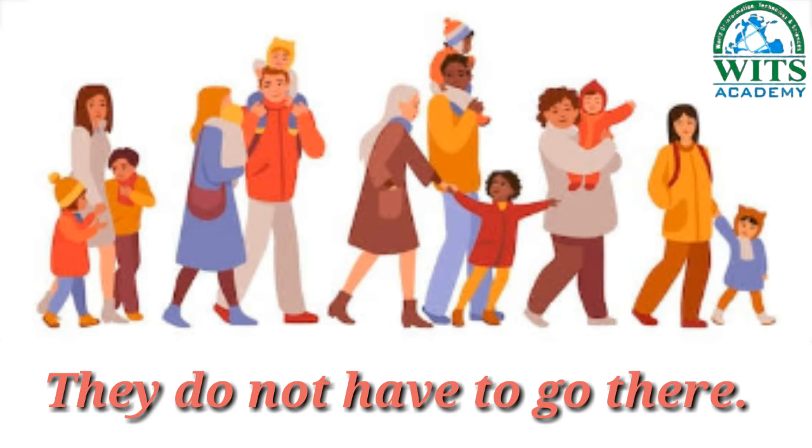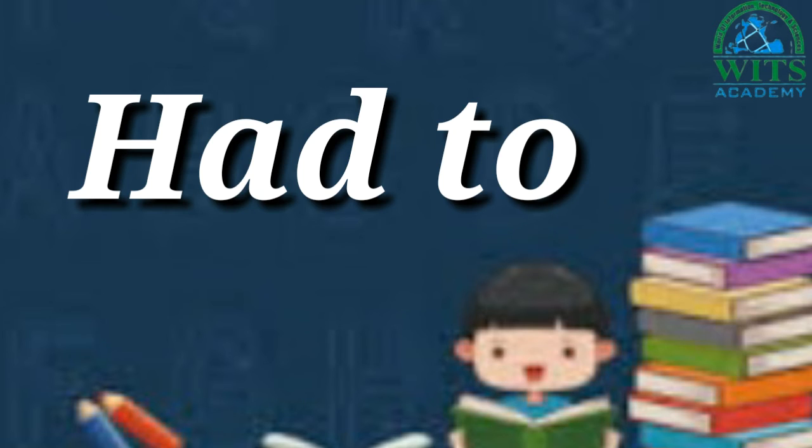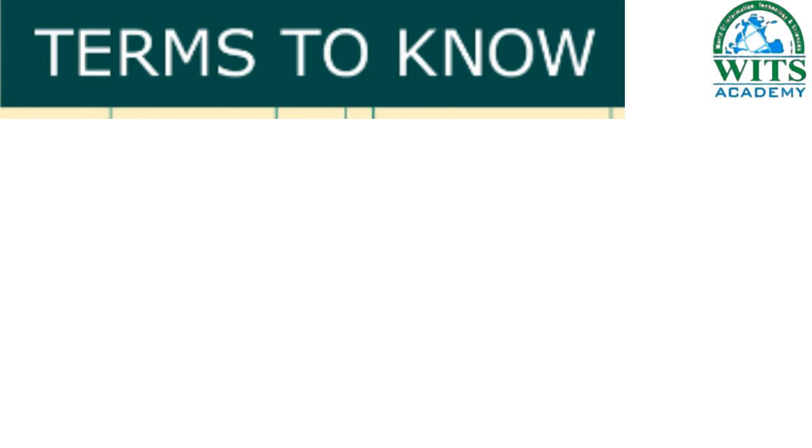Okay, dear students. Now come towards had to. It is the past use of has to or have to. It means the thing or action which was done in the past and was a necessity, obligation, or compulsion to do. We use had to for telling that.